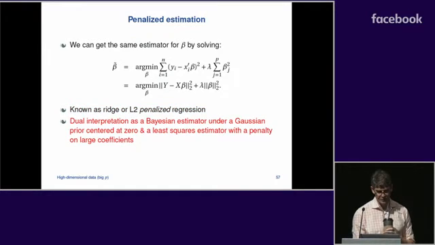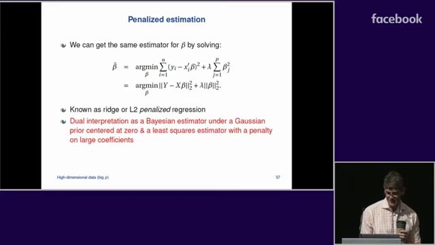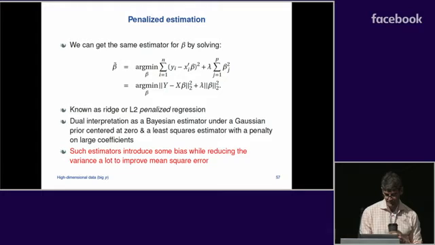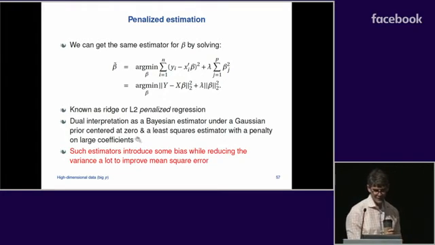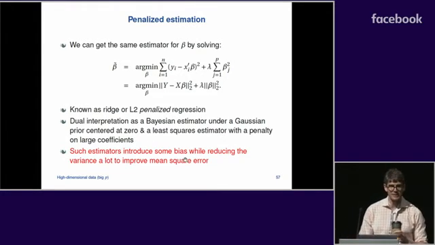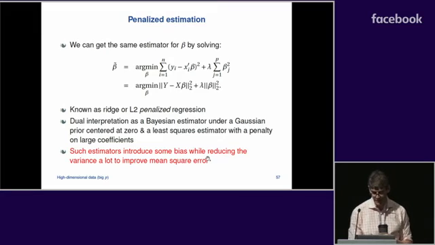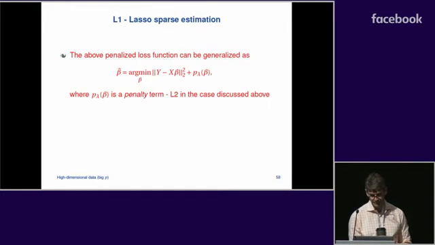It has a dual interpretation as a Bayesian estimator under a Gaussian prior centered at 0, and a least squares estimator with an L2 penalty on large coefficients. The game here is to introduce some bias relative to the maximum likelihood estimator, while reducing the variance a lot to improve mean square error, and this enables scaling to higher dimensional problems.